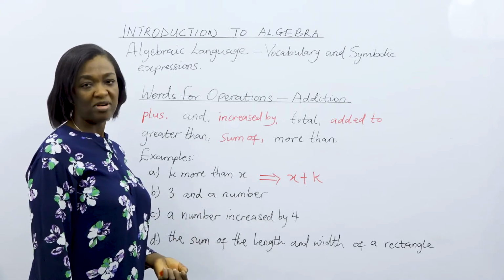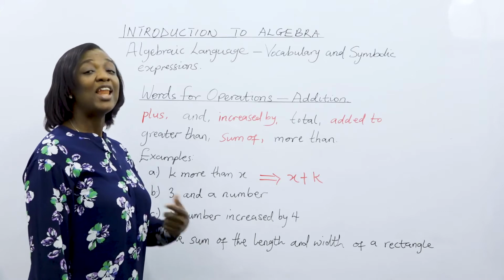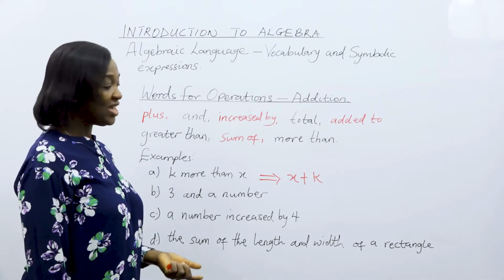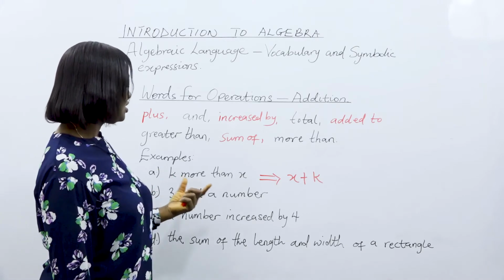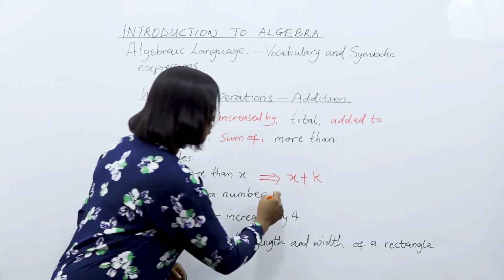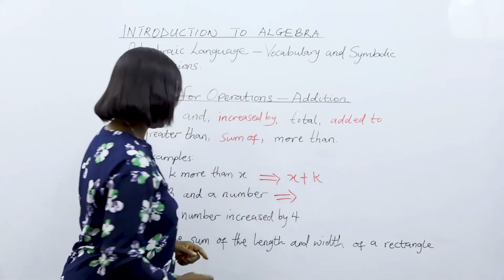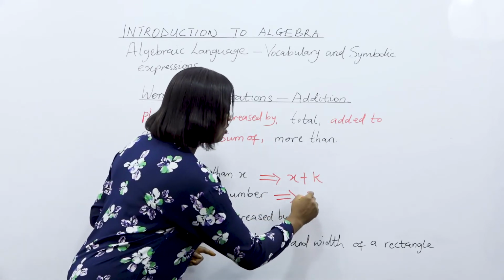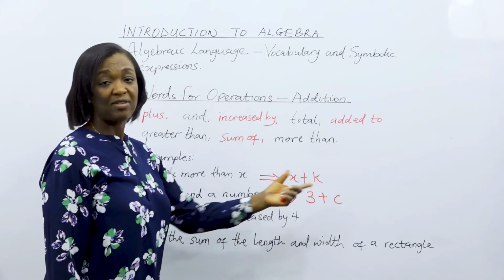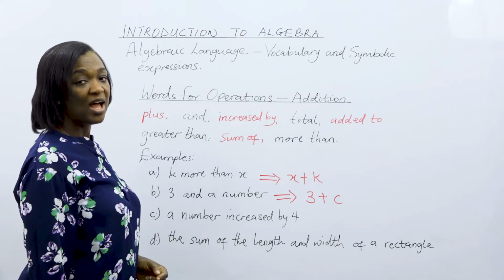We don't know what the number is. So you say, let the number be any alphabet of your choice. Let the number be C. So 3 and the number would mean 3 plus C, because I have chosen C as my unknown.